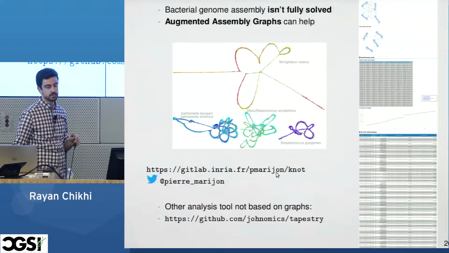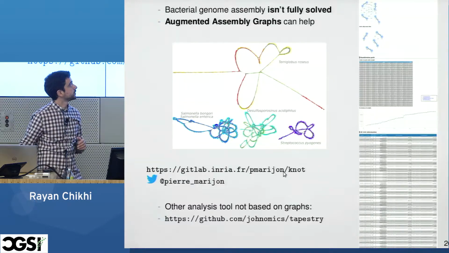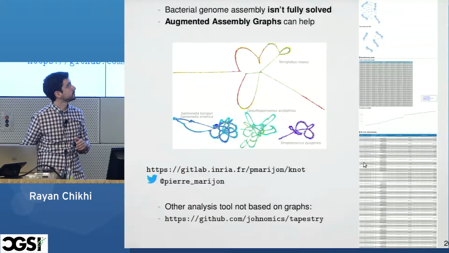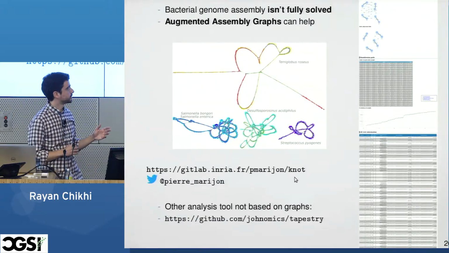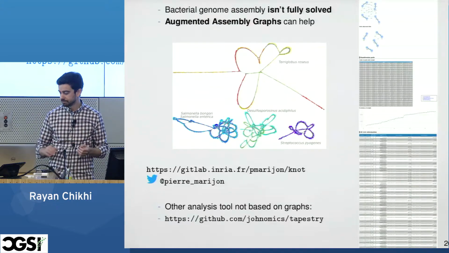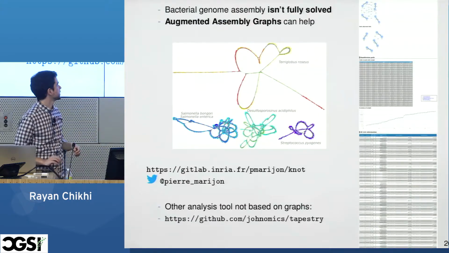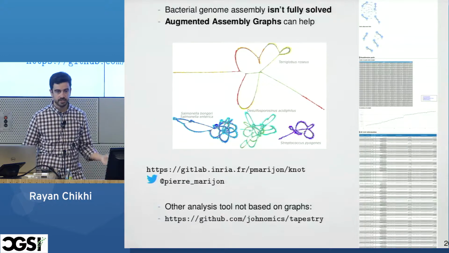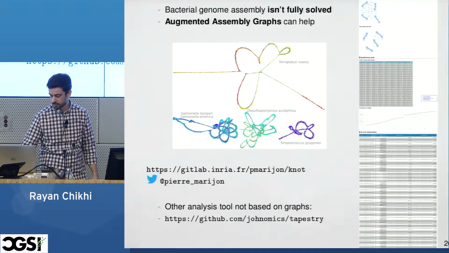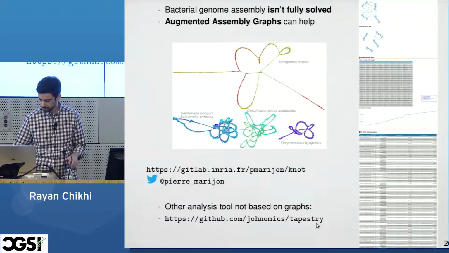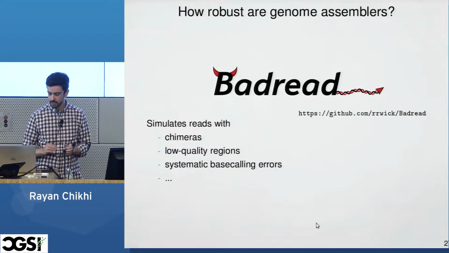Pierre has released a software called Knot that for a single assembly produces a very nice, quite comprehensive report about everything you can tell about your contigs and how they are linked to each other. I'll also mention that there exist other tools that are not based on graphs, but that can also perform assembly investigation, for instance, Tapestry.